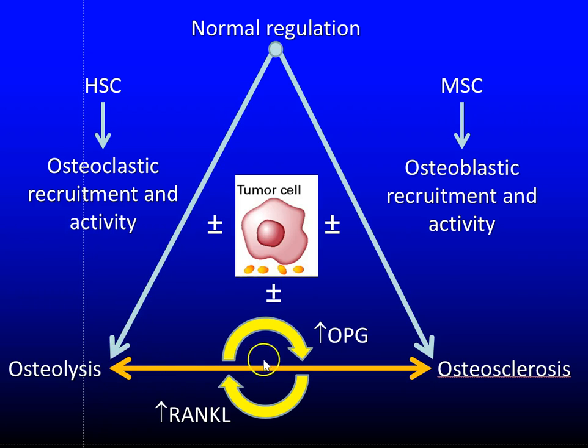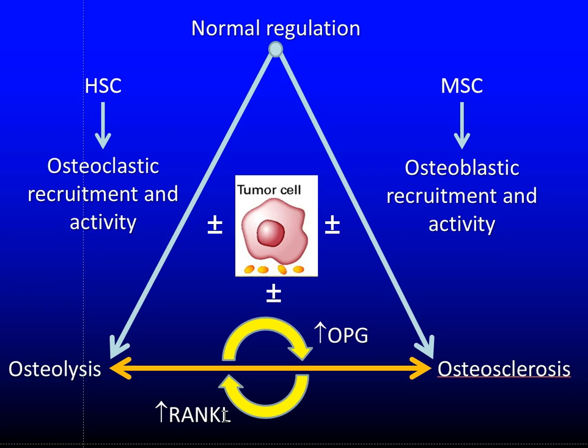In many metastases you have a spectrum between osteosclerosis and osteolysis. If you have more OPG, you tend to go towards osteosclerosis. If you have more RANK ligand, you tend to go more towards osteolysis.